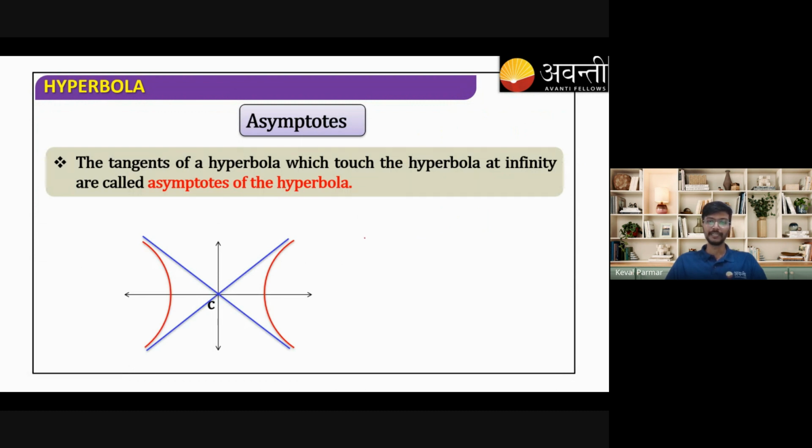They look like the lines y equals x and y equals minus x. This we just thought by seeing the graph, but let us see how the equation of asymptotes comes.